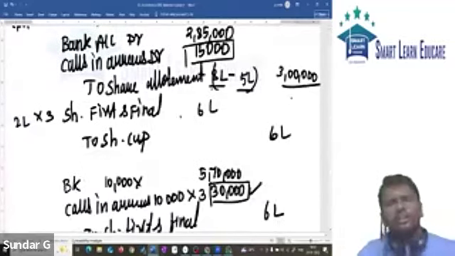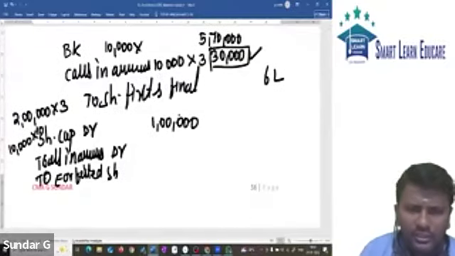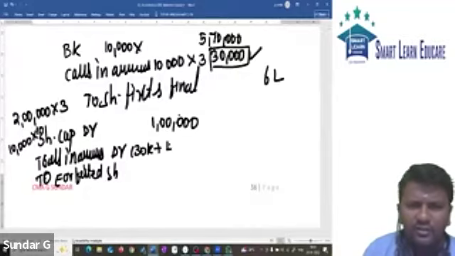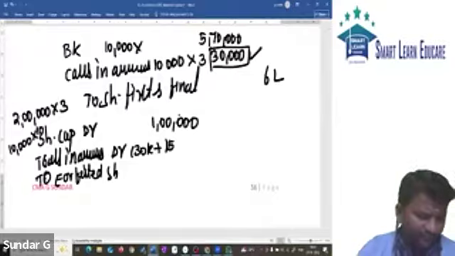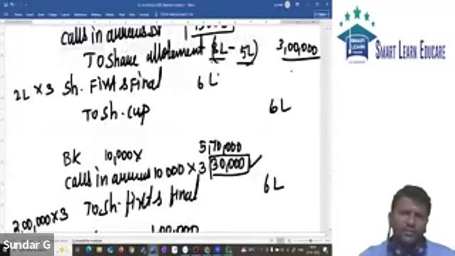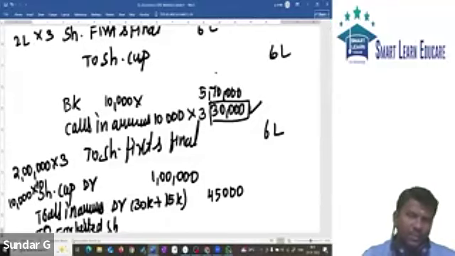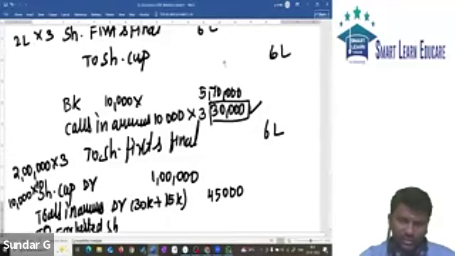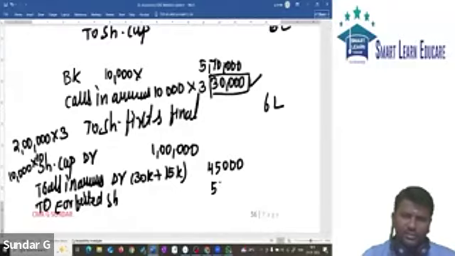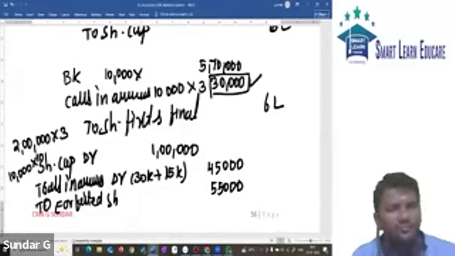Total calls in arrear comes to 30,000 plus 15,000, which will give you 45,000. So out of 1 lakh, 45,000 is not received. How much is received? 55,000 is received by the company. That's all.